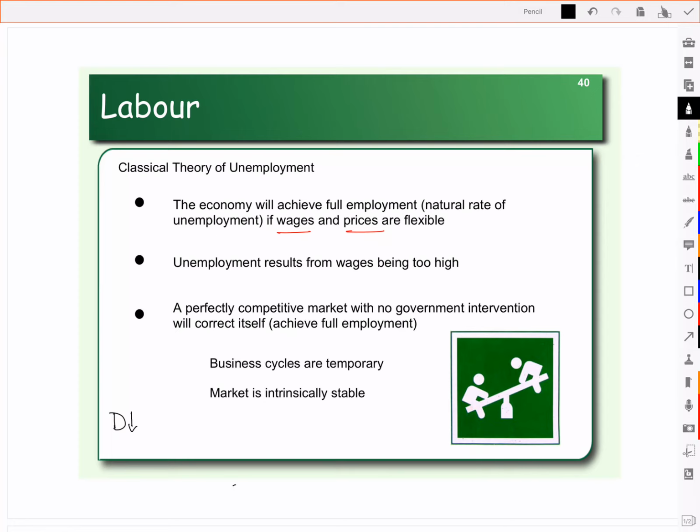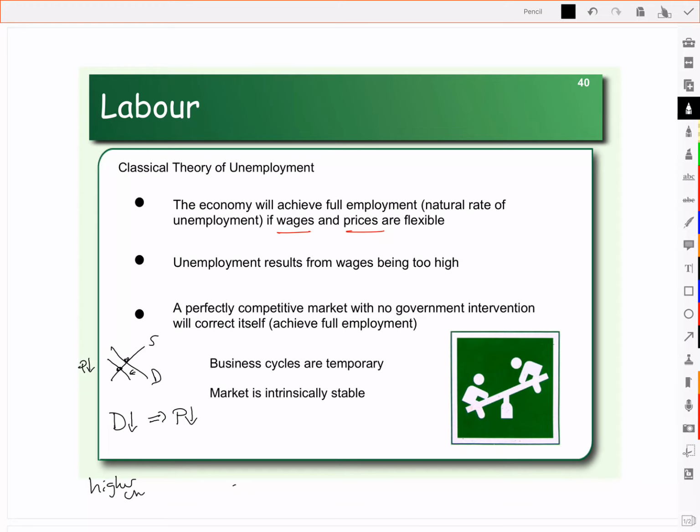When there's less demand for goods, well, here's demand, here's supply. When there's a decrease in demand for goods, that means that prices of goods are going to fall. Well, if there's a decrease in demand for goods, that also means we don't need to make as many goods and people get laid off. So when that demand goes down, we're also seeing higher unemployment.